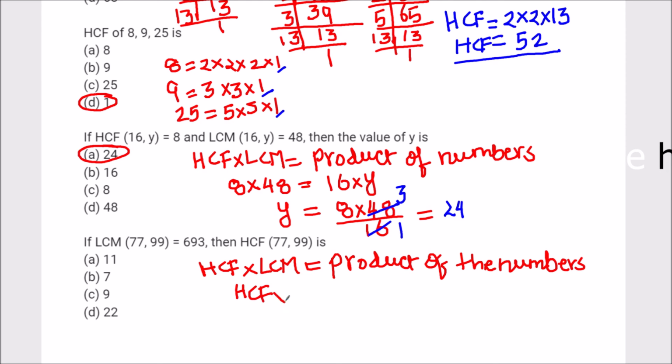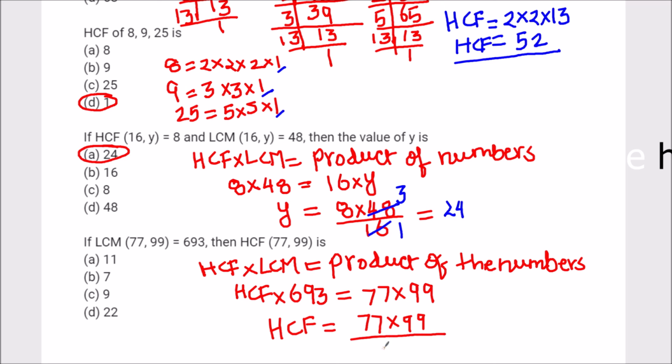HCF we need to find out. LCM is given as 693 and the two numbers are 77 and 99. And from this equation, to find the HCF, we are going to divide 77 times 99 by 693.